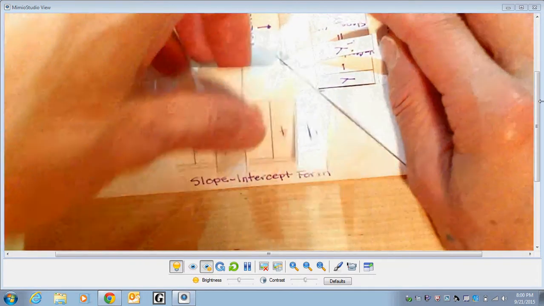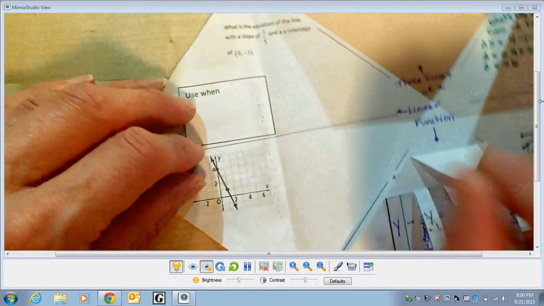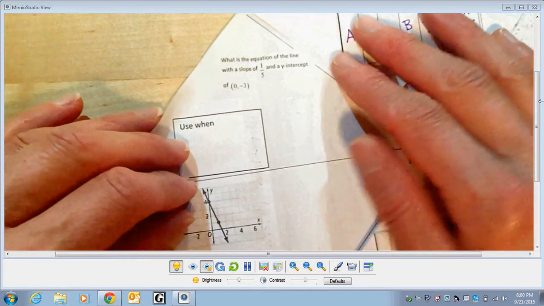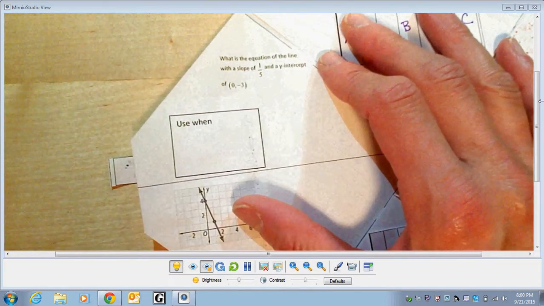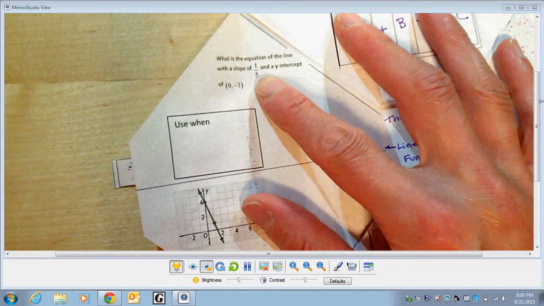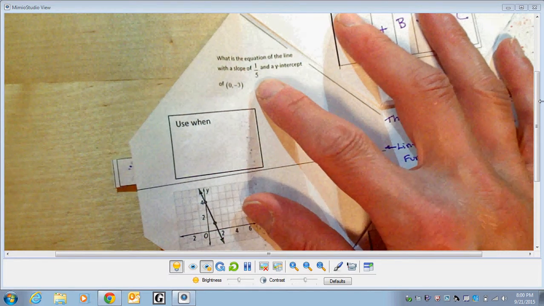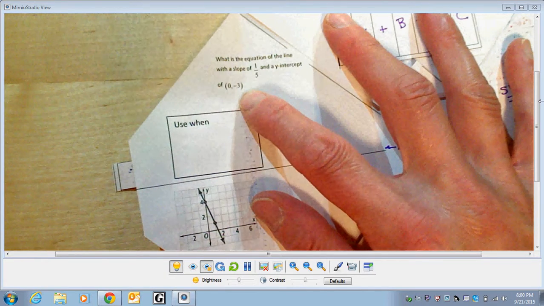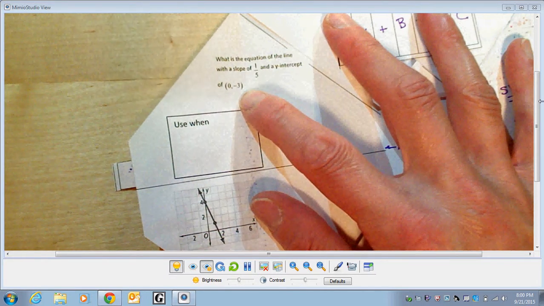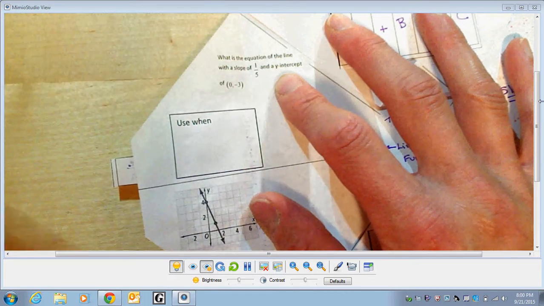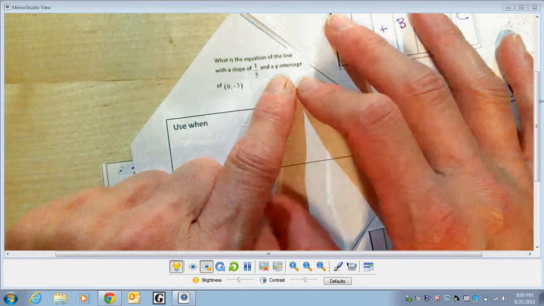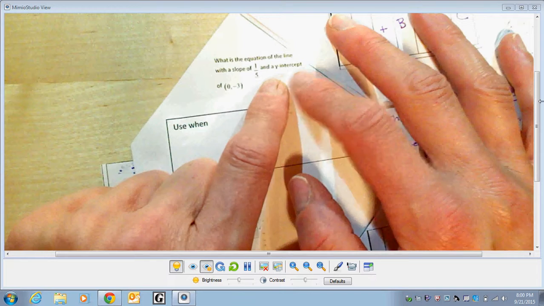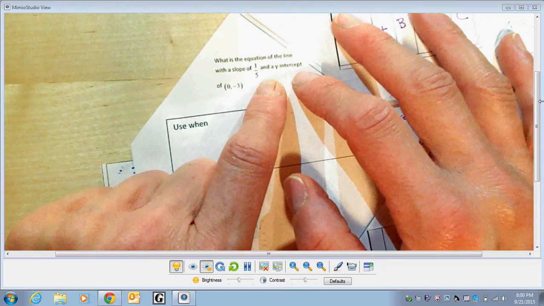So let's go ahead and look inside and see what it is that we need to do here. We're actually given a problem. What is the equation of the line with a slope of 1/5 and a y-intercept of (0, -3)? So one thing I'd like for you to do is whenever you see y-intercept, I want you to think of that as (0, y).